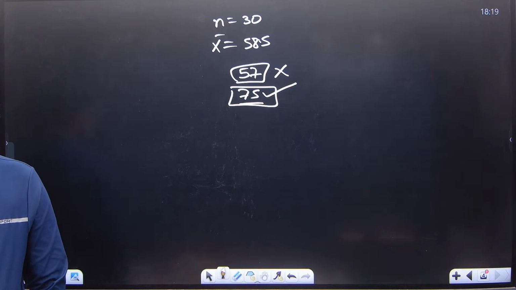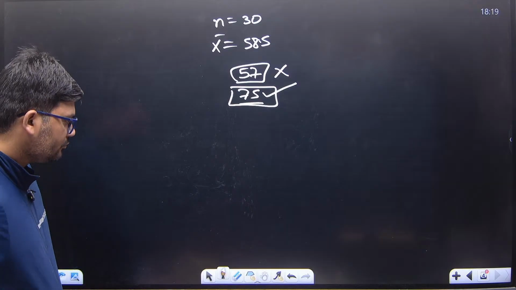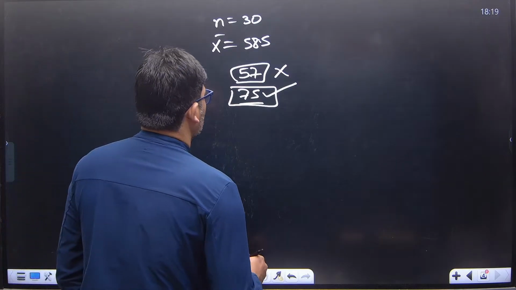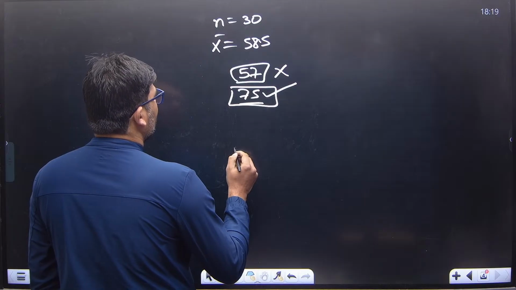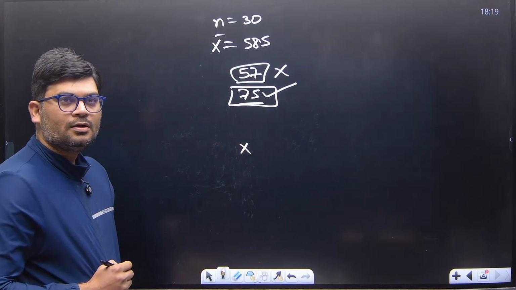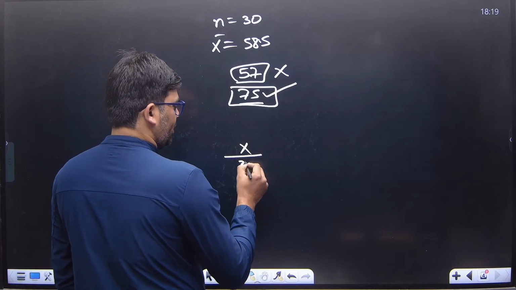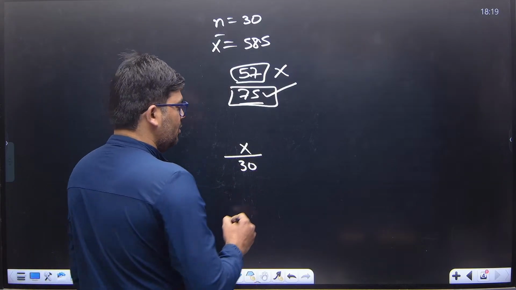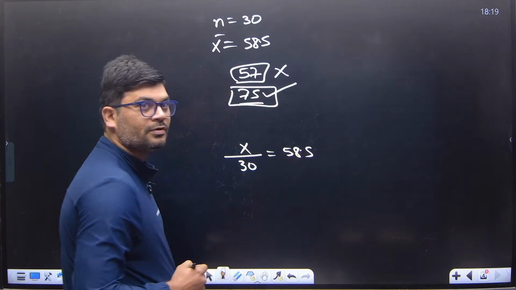Sir, I don't understand the steps. Could you help me once? Okay, you think like this. Suppose total sum of observations is x, divided by number of observations 30, so mean came out to be 58.5.